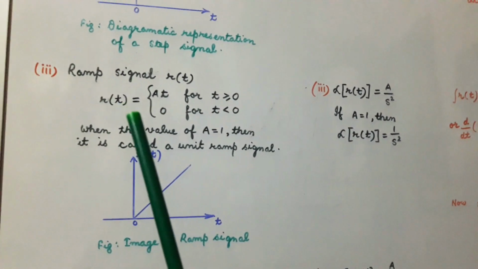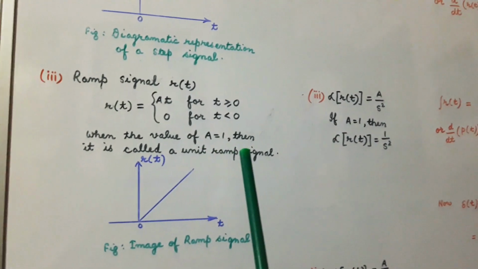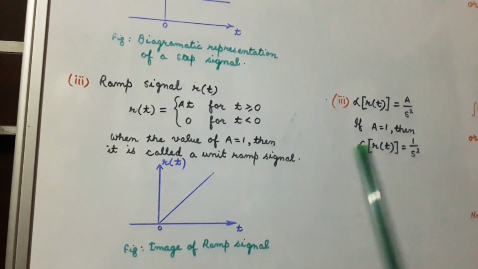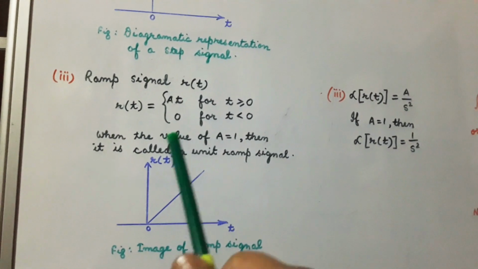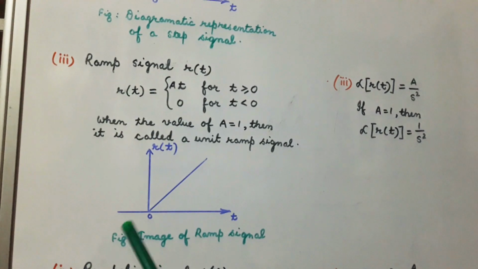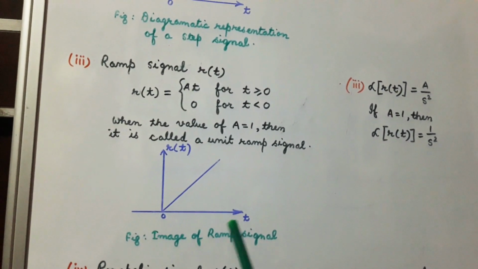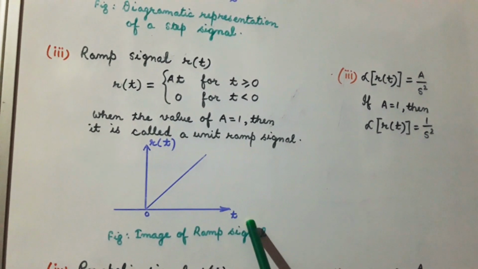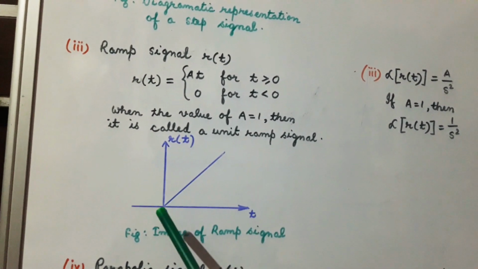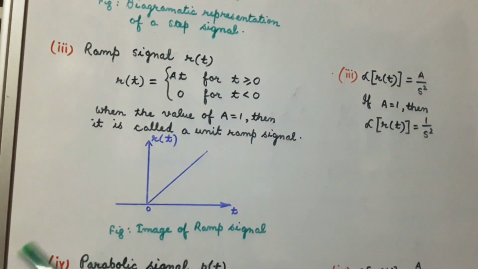However, if the value of the amplitude a is 1, then this will be called a unit ramp signal, and this is the diagrammatic representation of a ramp signal. We find that the value of r of t increases linearly with respect to time and it is 0 for t less than 0.